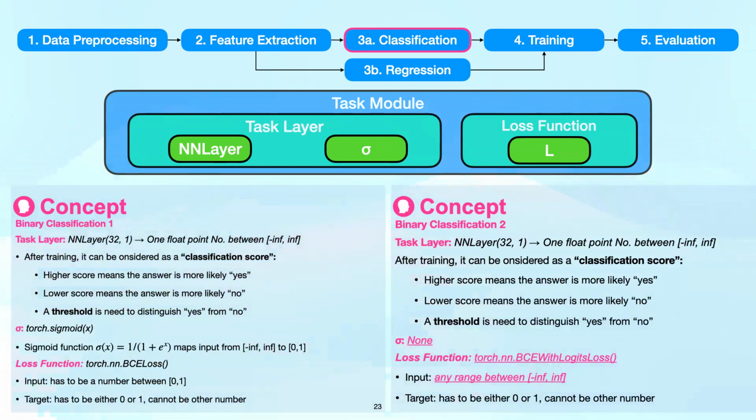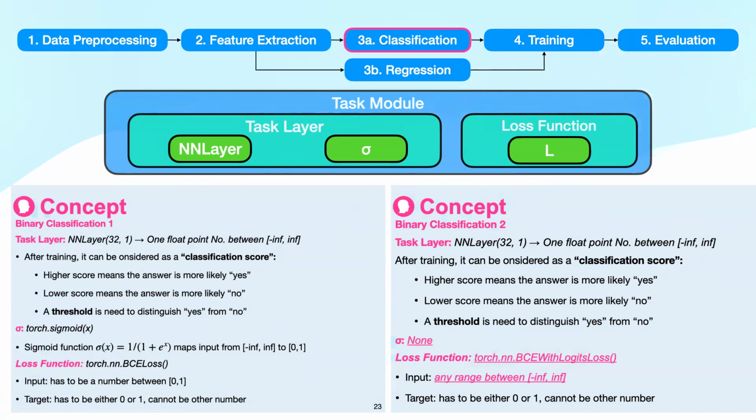Given this configuration, you have to set up a threshold to distinguish your answer between yes or no. You can say, I set my threshold as, let's say, 0.5. So if the score is above 0.5, I say the answer is yes. If the score is below 0.5, I say the answer is no. So you also need the activation function. In this case, we are using what we call the sigmoid function, torch.sigmoid. The sigmoid function expression is shown here.